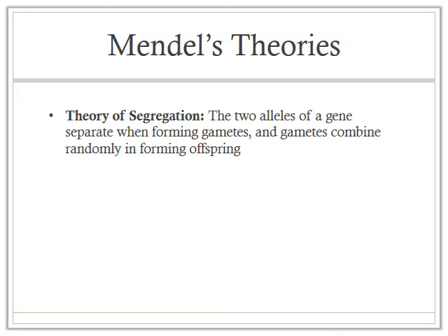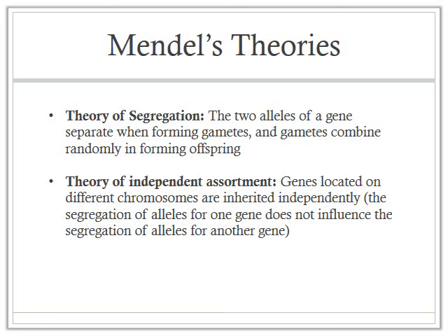So Mendel's theories, the theory of segregation. The two alleles of a gene separate when forming gametes. The gametes combine randomly in forming offspring. So this is the theory of segregation when it comes to two alleles. They will separate, and combine randomly when forming offspring, which is basically what we were saying when we were talking about meiosis.